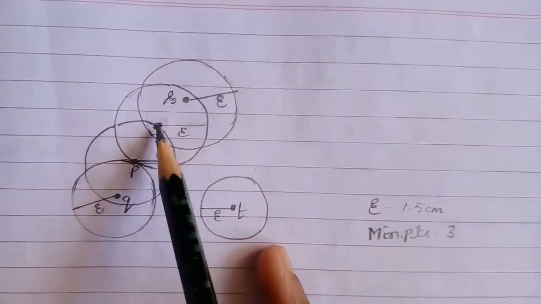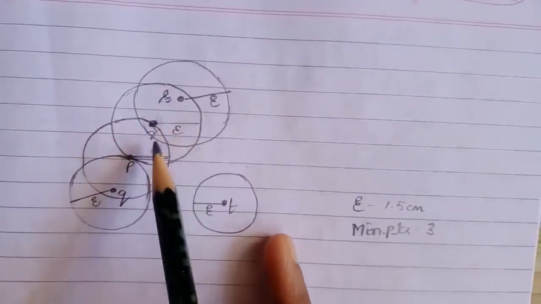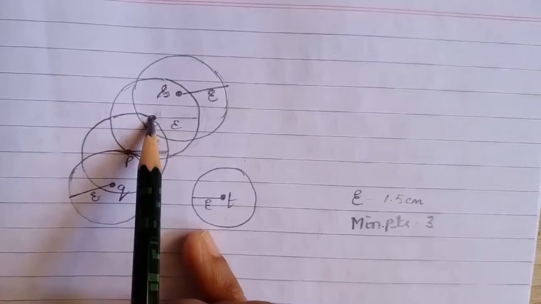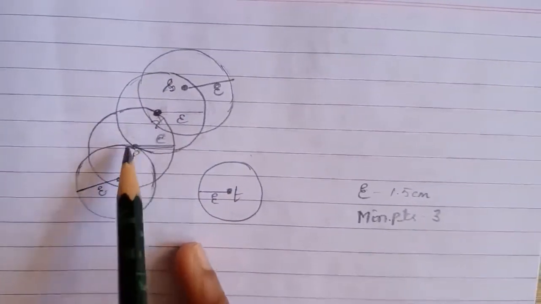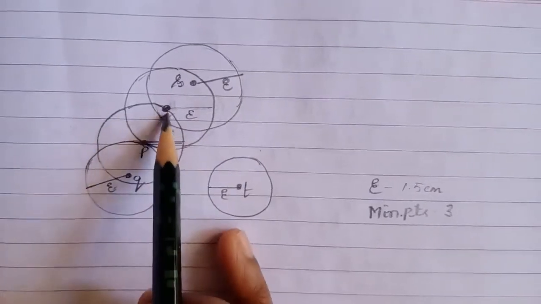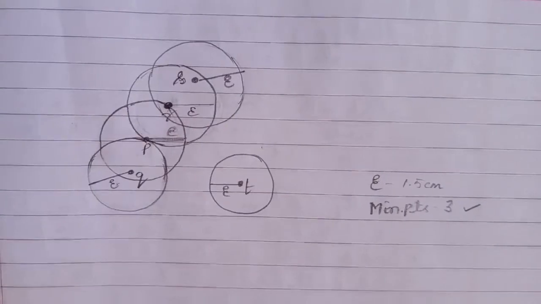This circle has R, and this includes the point from where you have drawn the circle. So R is 1 point, S is also inside this circle, and P is also in the circle. So this circle has 3 points, which means the minimum points given is satisfied.